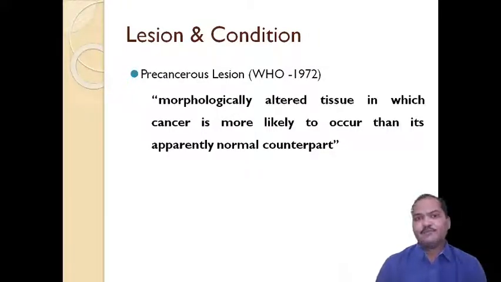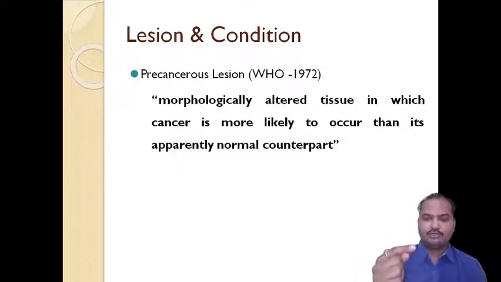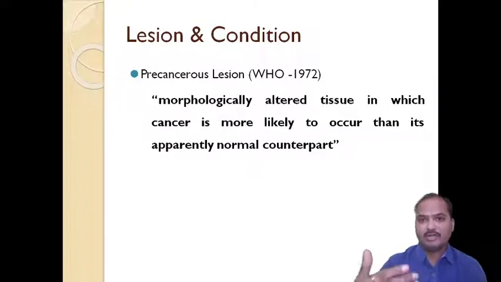Meaning thereby that suppose we have the buccal mucosa in the oral cavity, where the anterior part of the buccal mucosa towards the angle of the mouth or the commissural region has a lesion or a tissue which has some altered appearance, which is not normal, so it is a morphologically altered tissue, and the other areas of the oral cavity appear to be normal, apparently normal, clinically.